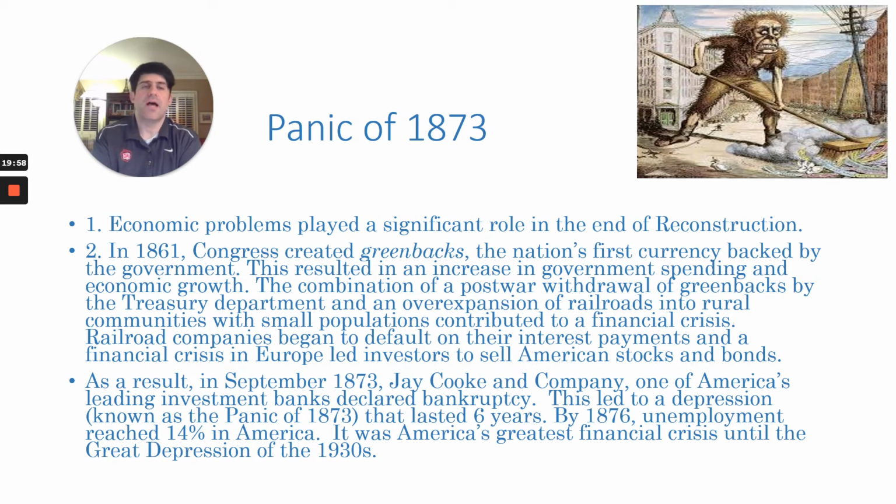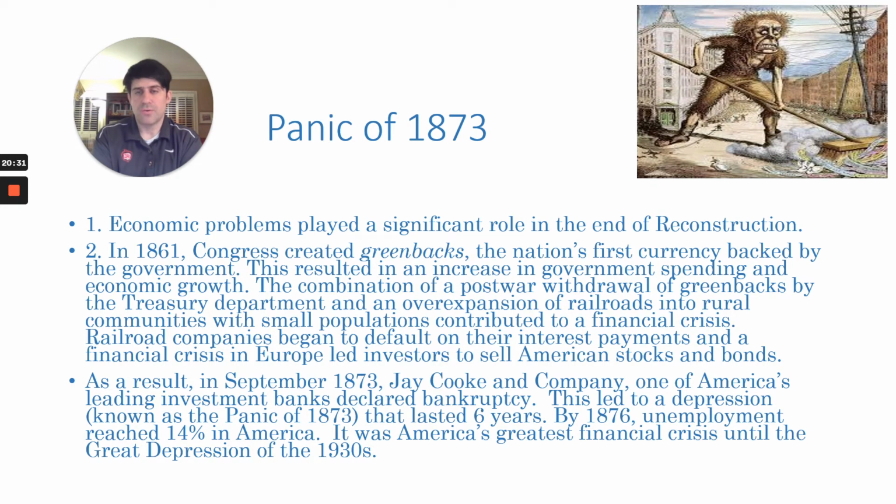At the same time, a financial crisis in Europe is leading investors over there to divest themselves, that is, sell off their American stocks and bonds that they had in American companies. That exacerbates the financial crisis, and it comes to a head in the early fall of 1873 when Jay Cooke and Company, one of the leading investment banks in America, declares bankruptcy.